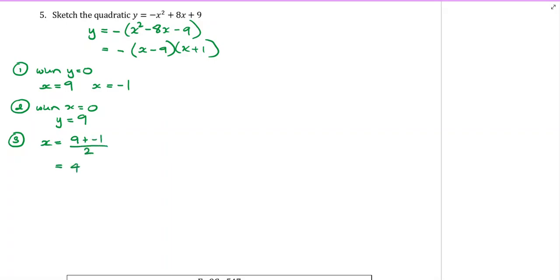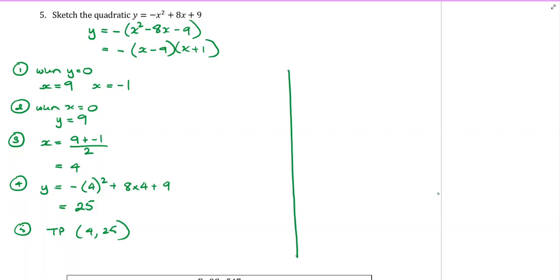So 8 over 2 is equal to 4. And then step 4, sub that in to find the y value. So y equals negative 4 squared plus 8 times 4 plus 9, which is equal to 25. Step 5, the turning point is 4, 25.